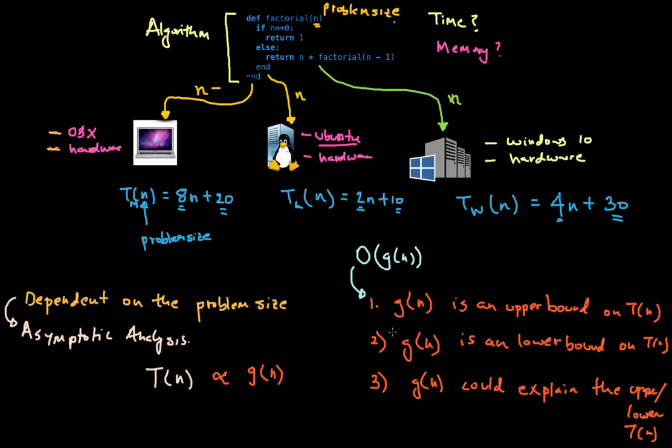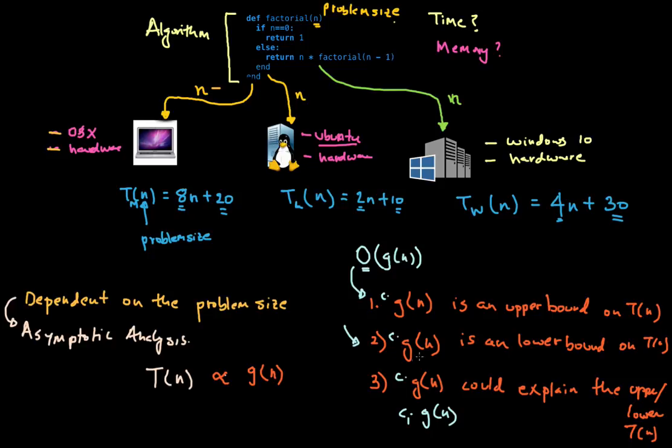Just to be correct here, this should be c times some constant, and c times g of n could explain the upper bound, and c1 times g of n could explain the lower bound. So if I take this function g of n, multiply it with some constant c, and that happens to be an upper bound on T of n, it is the Big O approach.